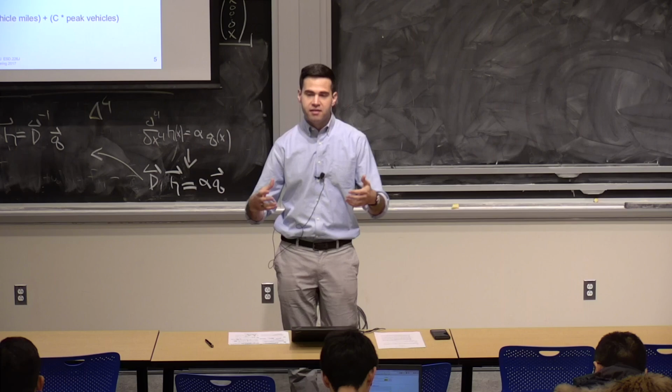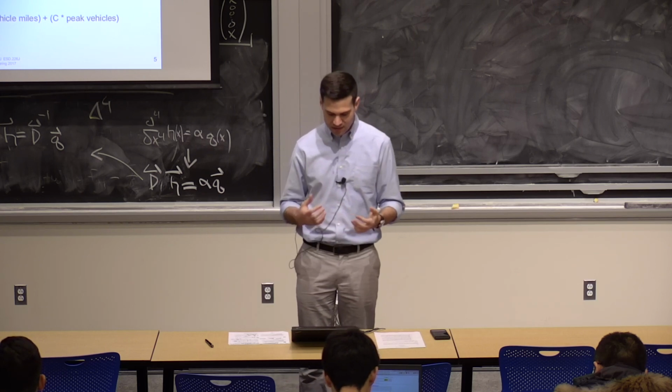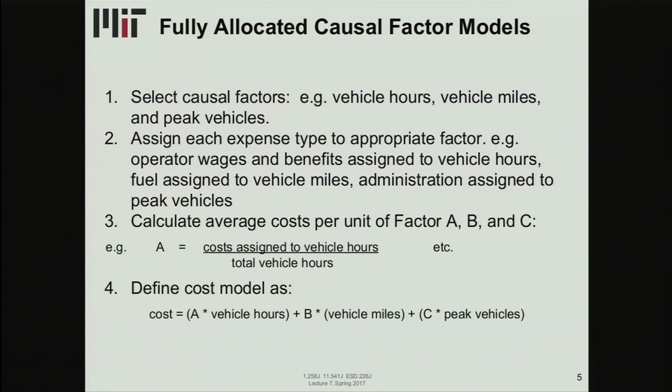Because you pay drivers by the hour, so this is the one that it relates to most closely. Fuel. So fuel, maybe a combination of vehicle hours and vehicle miles, or if you have to assign them to one, then vehicle miles. You think of the fuel mileage of vehicles, right? So that's the one that most closely relates vehicle miles to fuel. And then administration.